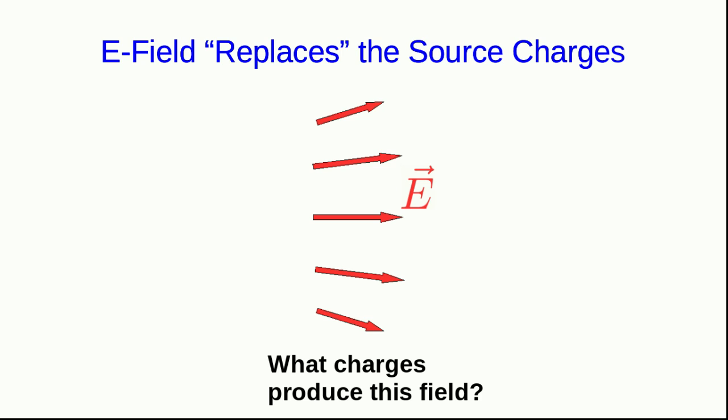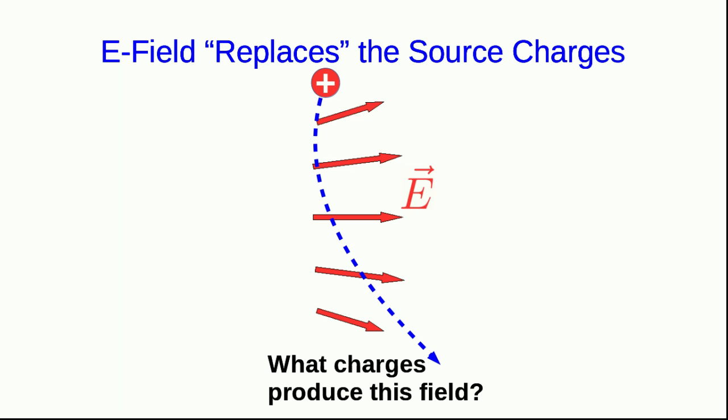However, in many cases, we actually don't care about the source charges. In many cases, we have a region of space, and we are interested in the motions of charged particles moving through that space. If we know about the electric field in the region, that's all we need to know. And so we can use the electric field to replace any knowledge about the source charges, as long as particles moving through the region have no measurable effect on the source particles of the electric field.